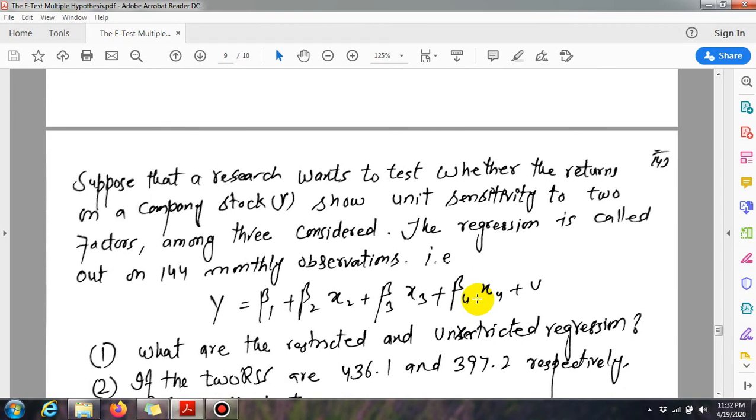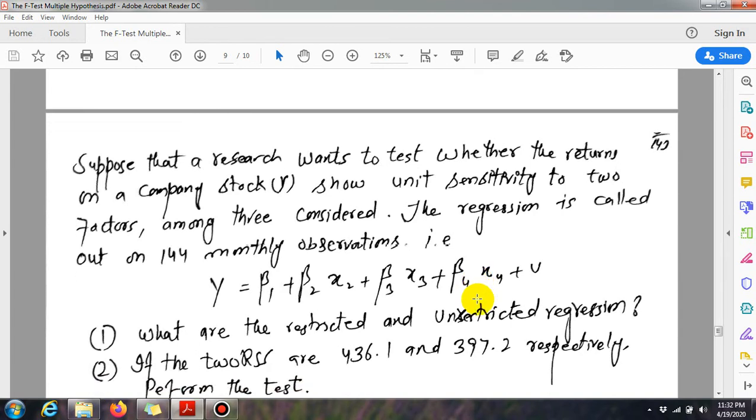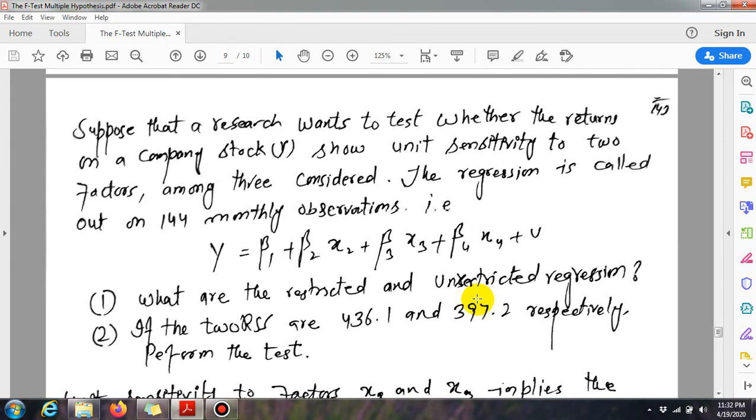Okay, for the practical solution of the F test, we have an example here. Suppose that a researcher wants to test whether the return on a company stock y shows unit sensitivity to two factors among three considered.